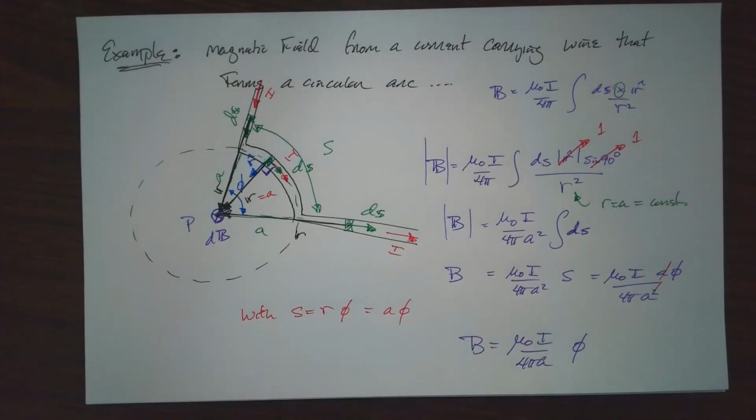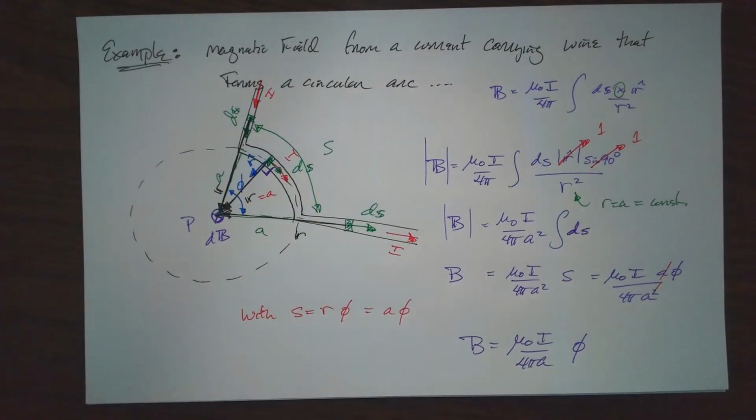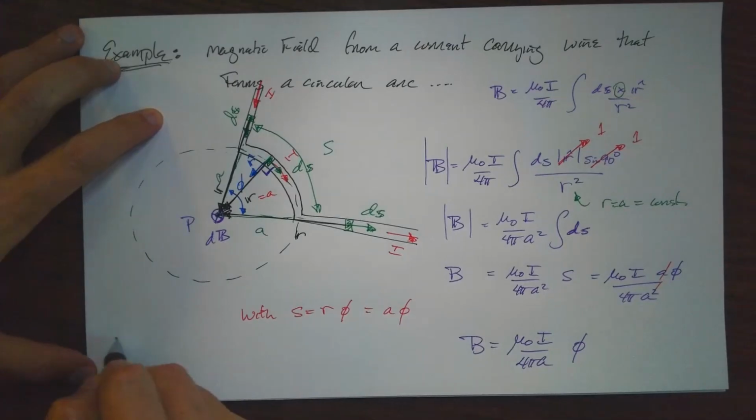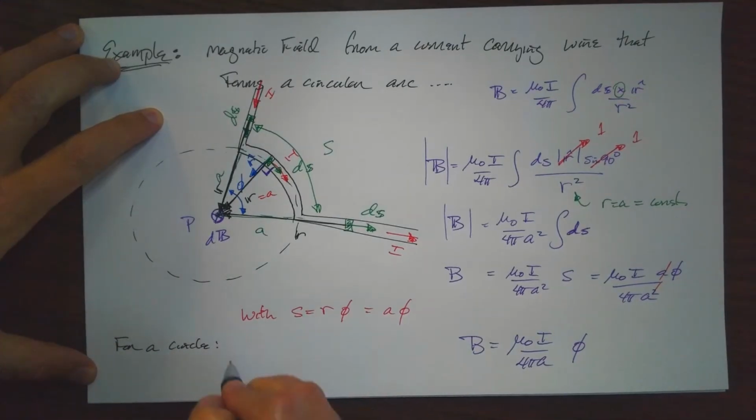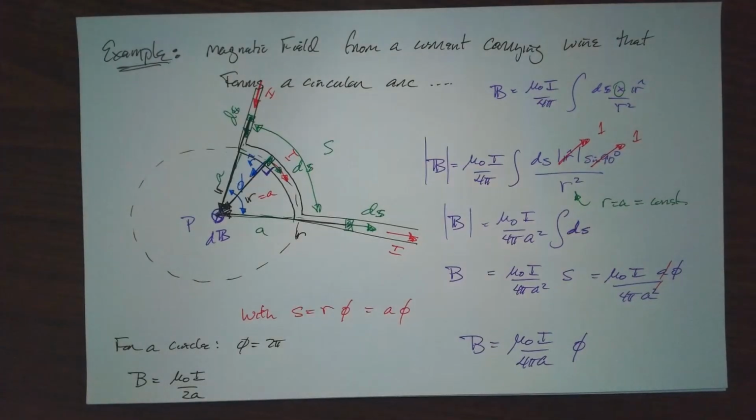And so then what you can do is if you go all the way around, we can get that for a circle, phi is 2 pi. Then our B would be mu naught I, 2 pi divided by 4 pi is 2 times A, which is the radius of the circle.